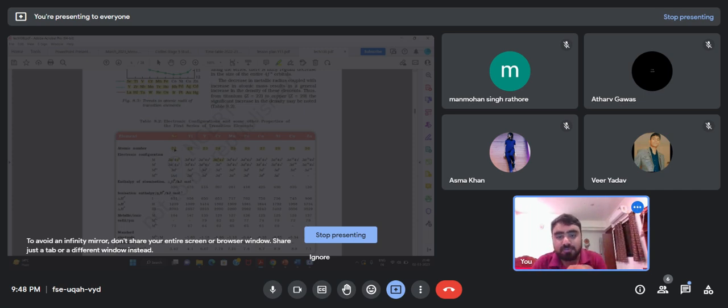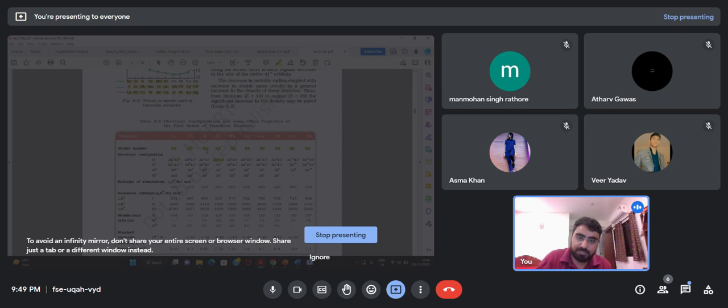So what is the reverse? 12. So you need to remember how to learn this. The reverse of 21 is 12. So 1 will come over here, 2 will come over here. And you also know that if it is a 3D series, it should be 3D and 4s, because the last electron should enter the n minus 1 d orbital, as I discussed with you in the start of the class. So 3d1 4s2. Again here if it is 22, then 3d2 4s2.